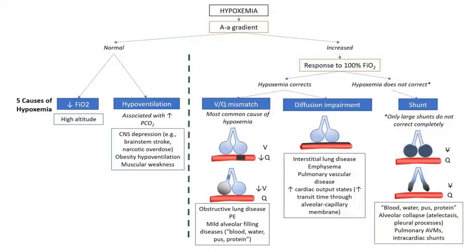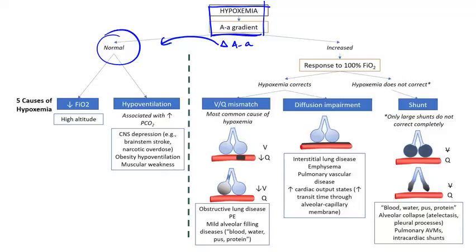So for hypoxemia with a normal AA gradient, we plug in the numbers, and we find that the difference between A to A is within normal range, but somebody is hypoxemic.